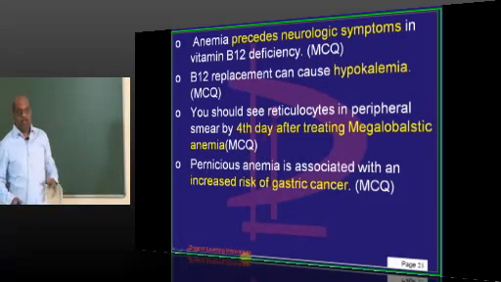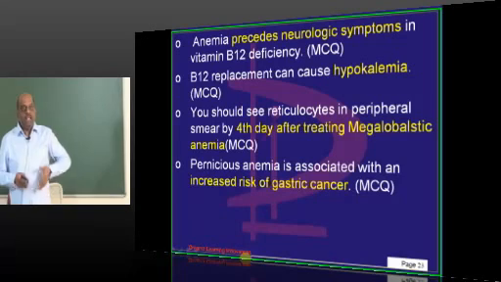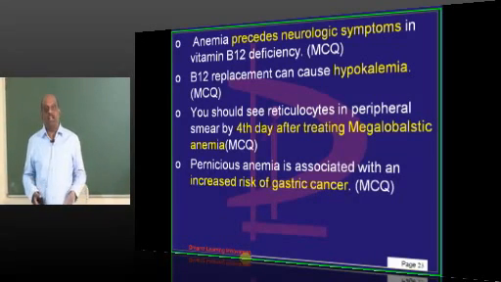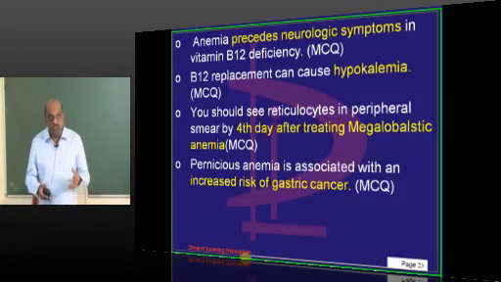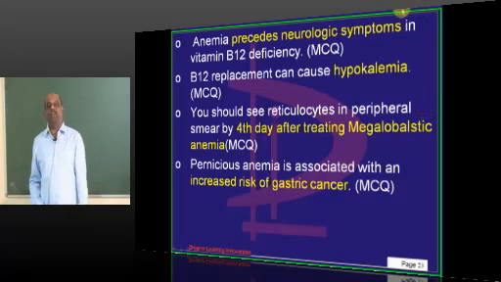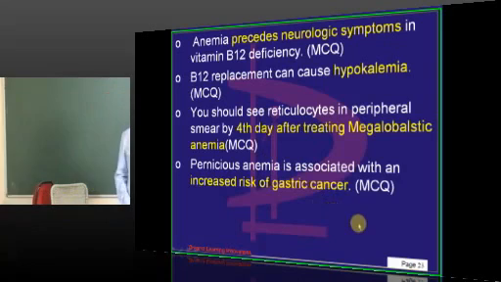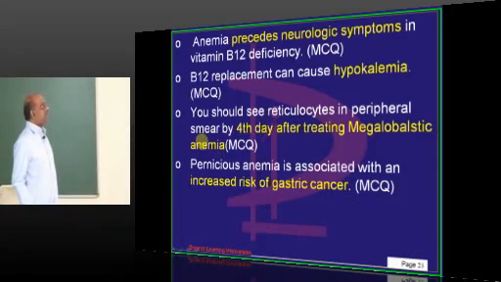Why? If you are replenishing vitamin B12, cells are proliferating. Potassium is predominantly an intracellular ion. So the newborn cells will all take up the potassium and that leads to development of hypokalemia.